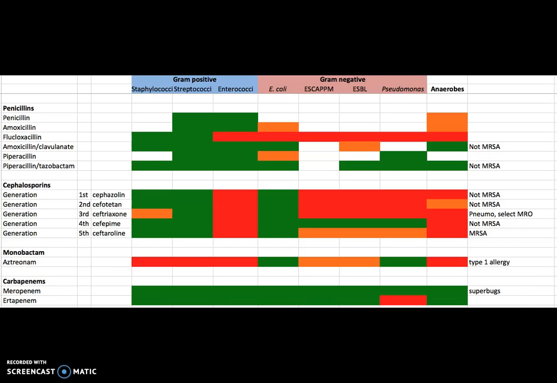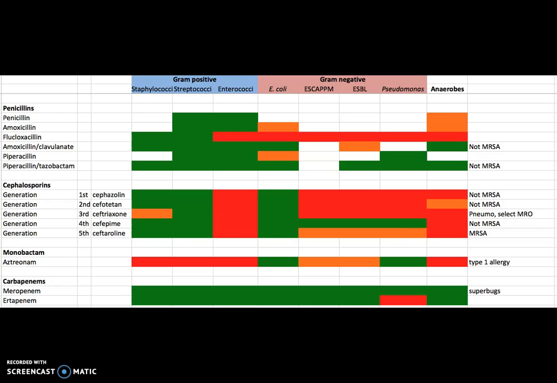Meropenem is the usual carbapenem that's used. It's the broadest-spectrum antibiotic that we use, and accordingly, whilst it has excellent activity, it's also prone to select out multi-drug resistant organisms such as MRSA, VRE, and some very resistant gram-negative organisms called carbapenem-resistant Enterobacteriaceae, or carbapenemase-producing Enterobacteriaceae.